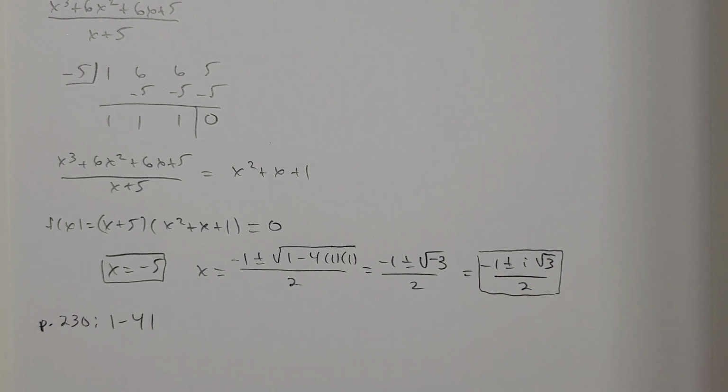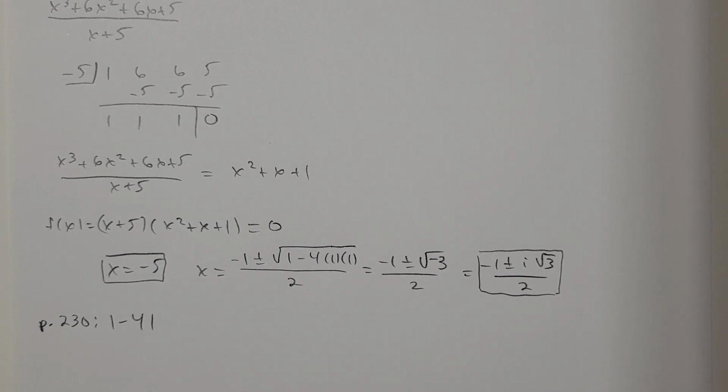That's going to be i root 3. So the rest of my answer here is going to be -1 plus or minus i root 3, all over 2. So I've got three answers. They're -5, -1 plus i root 3 all over 2, and then -1 minus i root 3 over 2.